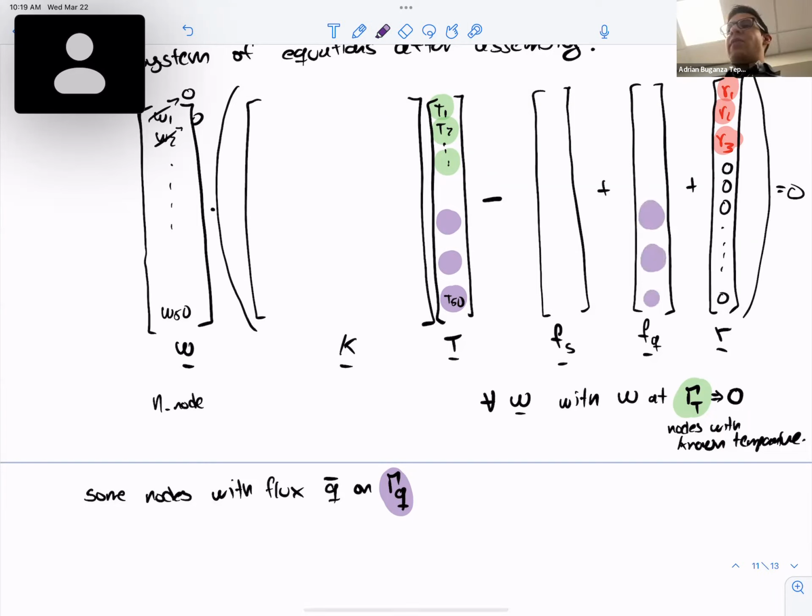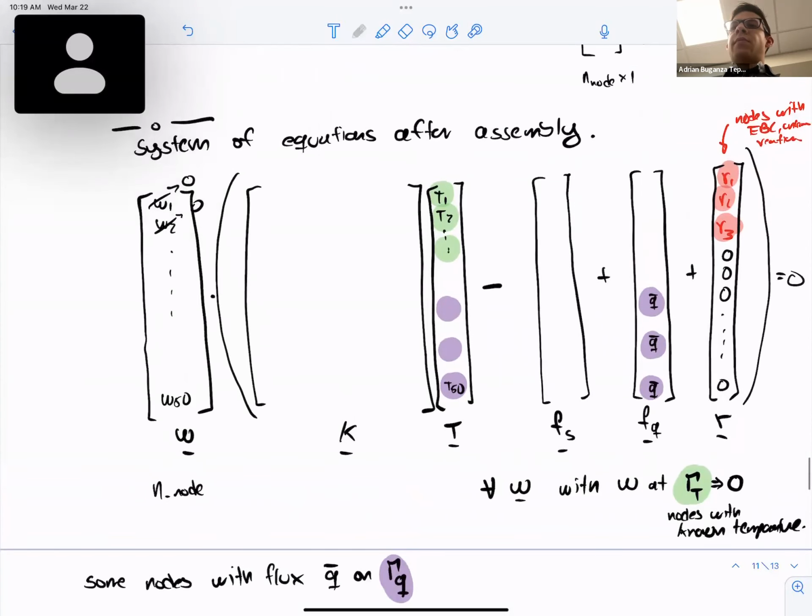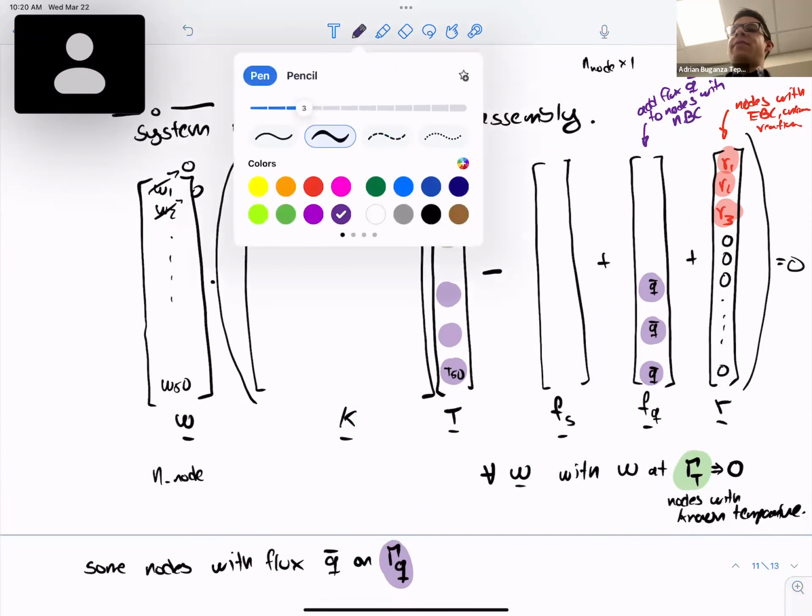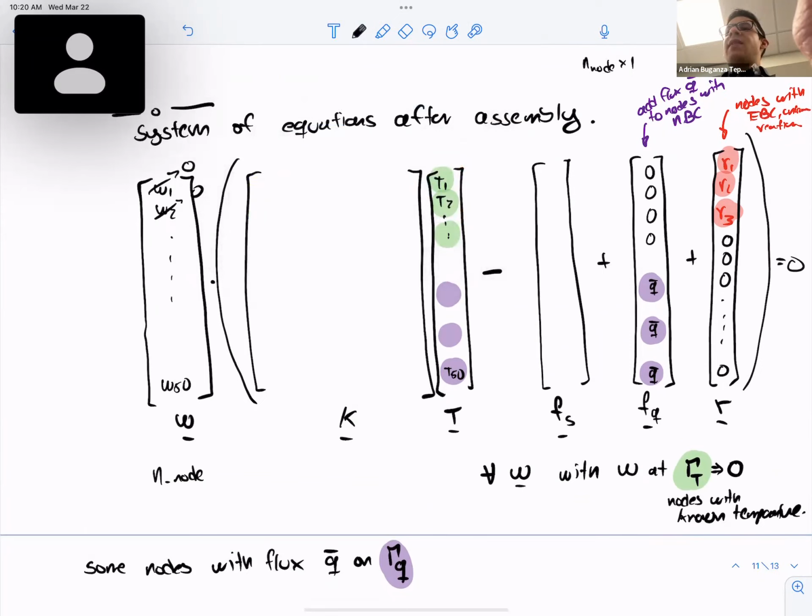We will put the corresponding Q. My God, I'm playing with fire here. Add flux Q bar to nodes with natural boundary condition. The rest are 0, right? This is just like in the 1D case. You only need to identify which nodes are on the boundary with a flux boundary condition, and then you need to add the flux to those nodes.